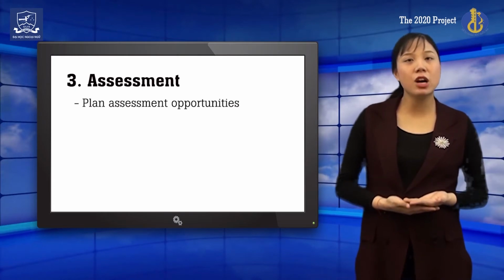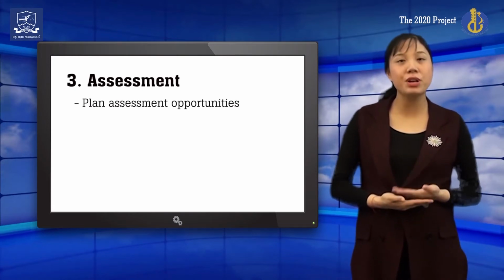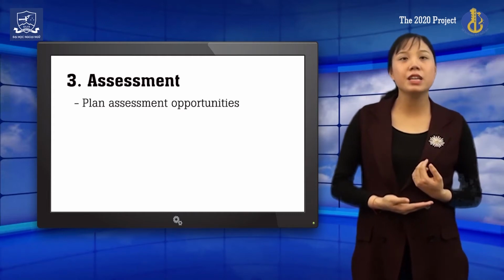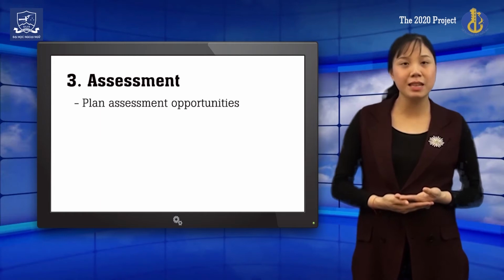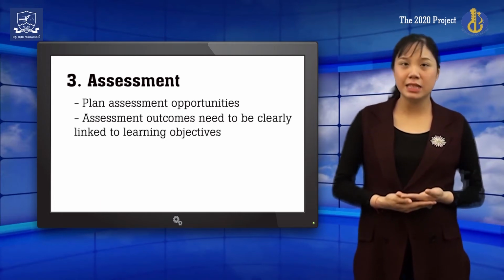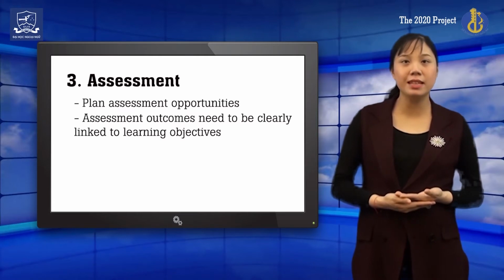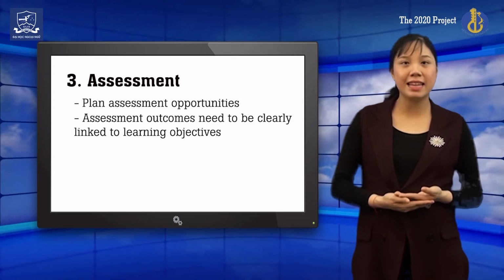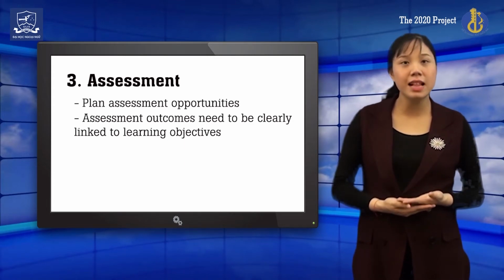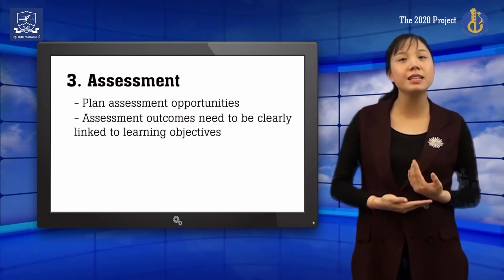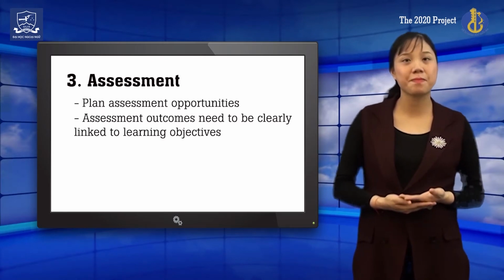Based on the learning objectives, it is important to plan assessment opportunities to provide useful feedback on the learning process. Assessment outcomes need to be clearly linked to the learning objectives, and students need to understand the assessment criteria and what success in a particular task or assignment looks like.